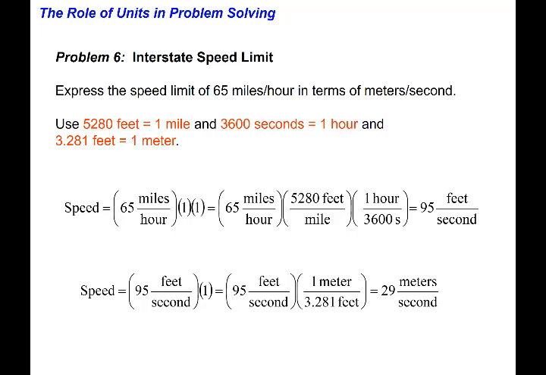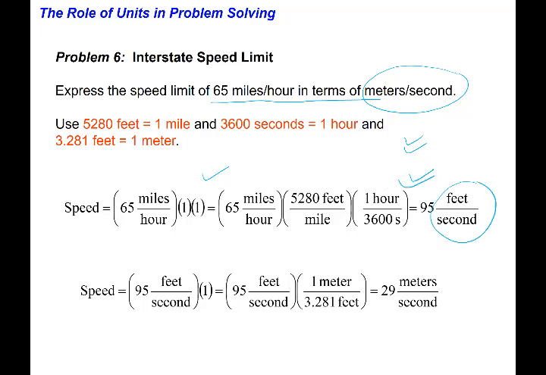This is also one of the problems that we just did, so practice this one as well. You are converting 65 miles per hour into meters per second, and we just did it actually. You see how we converted it from miles per hour to meters per second. We can also convert it into feet per second.